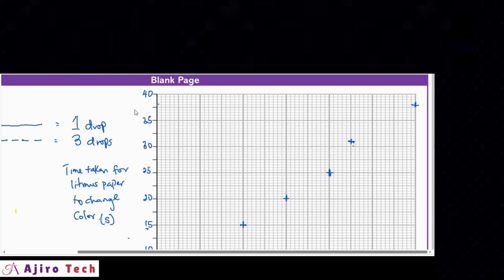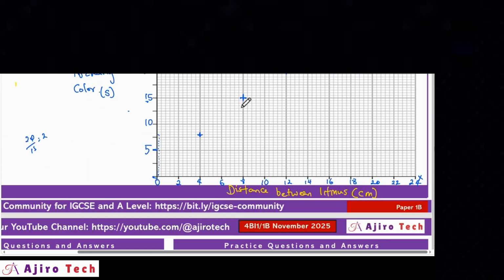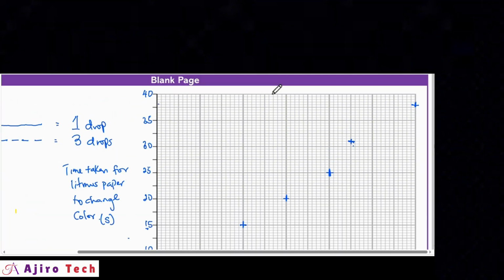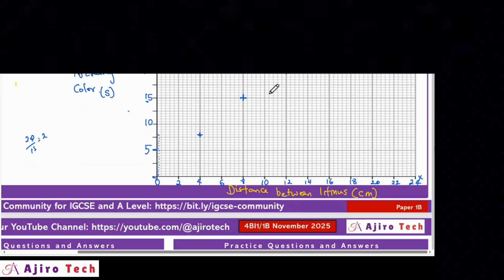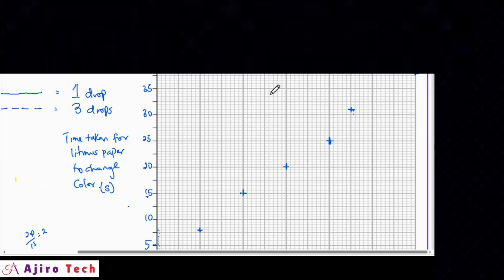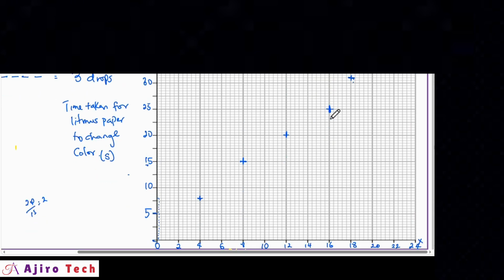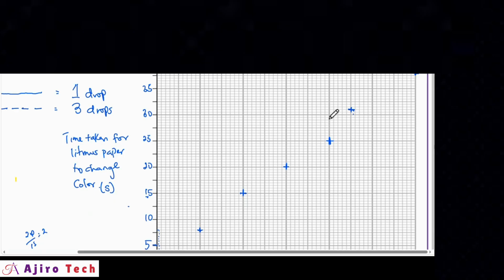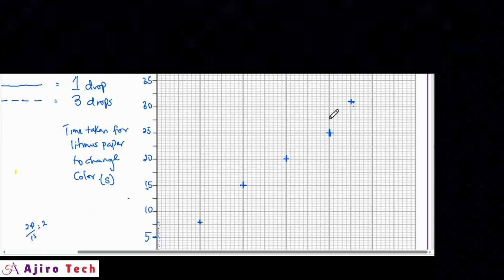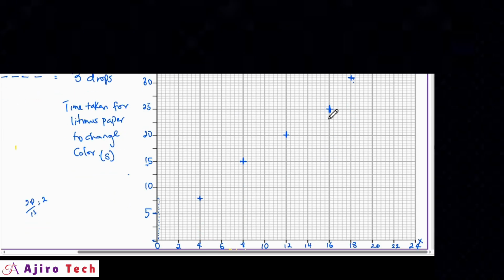All right. So now, let me draw my line. I'm done with one drop, so let me draw my line. Please don't mind me if it is not straight. But during the exam, you will have to use a ruler. I know there is a tool that will help me draw a straight line, but I'm not sure if we have it. Just let me use my free hand and accept it as it is.